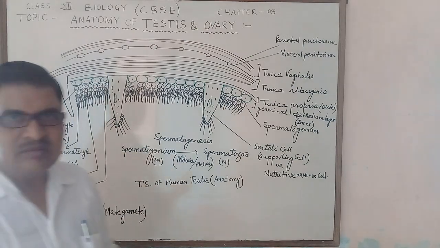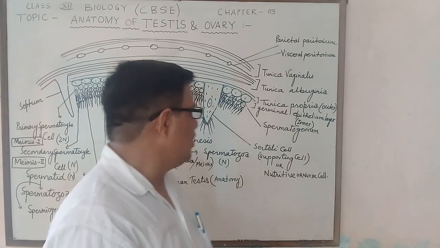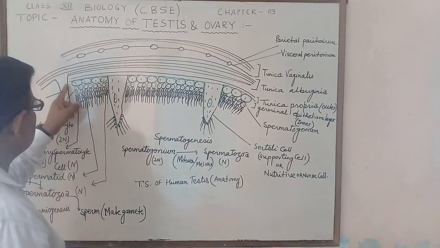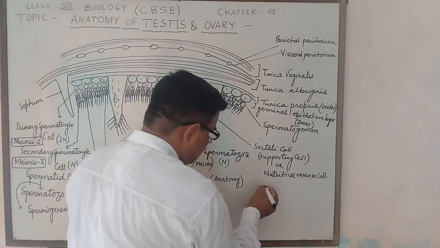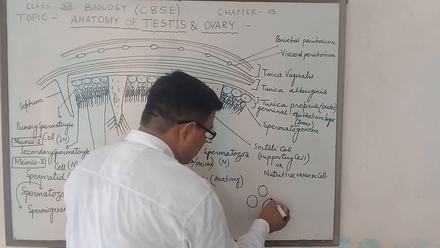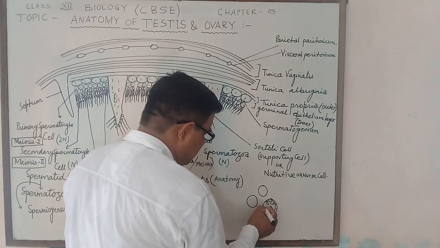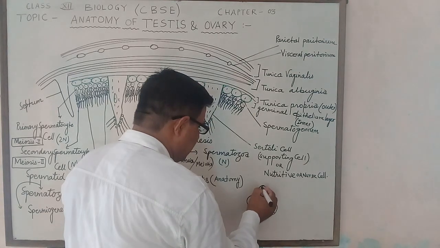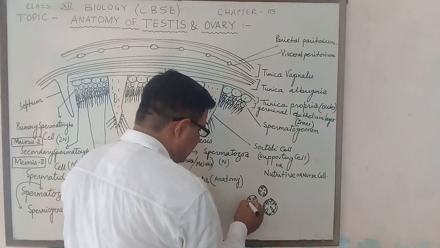So sperm development takes place in the seminiferous tubule, which is a spherical structure, and it generally has Sertoli cells, which are larger in size, and the small-sized spermatogonium cells. So the Sertoli cell is larger and the spermatogonium cell is smaller.